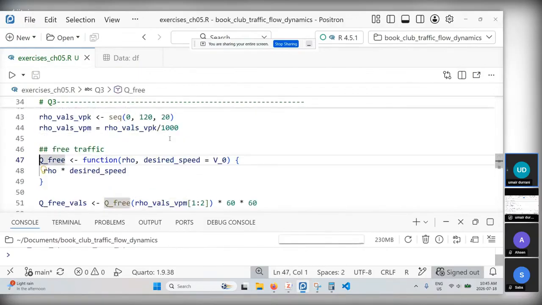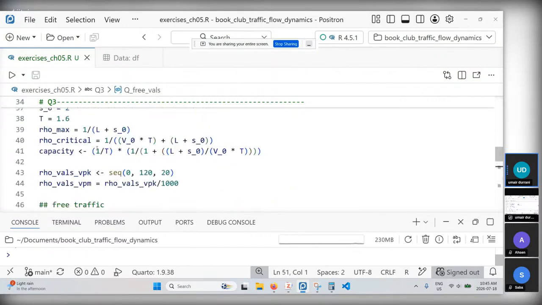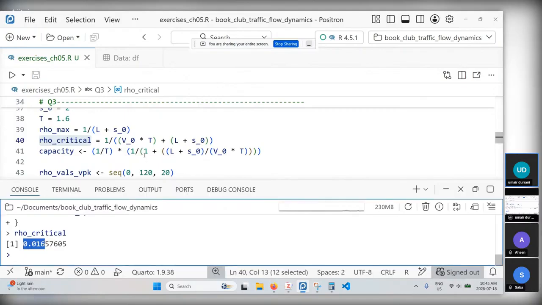So we do that here, and then using the Q free. In this case, when we look at the critical density, it turns out to be 0.016 vehicles per second, sorry, per meter.